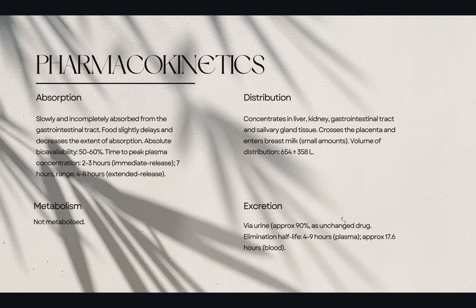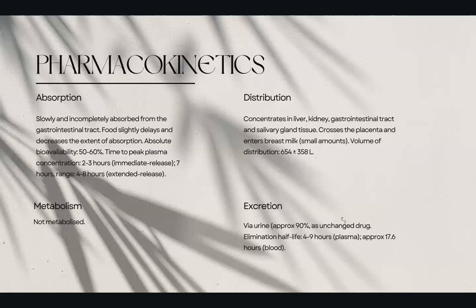As for the distribution, it concentrates in the liver, kidney, gastrointestinal tract, and salivary gland tissue, crosses the placenta, and enters breast milk in small amounts. Volume of distribution is 654 and 358 liters.